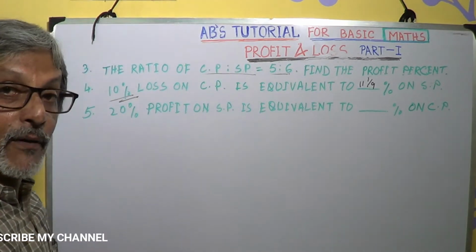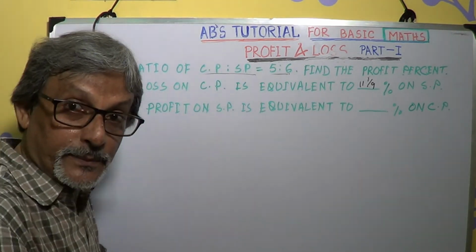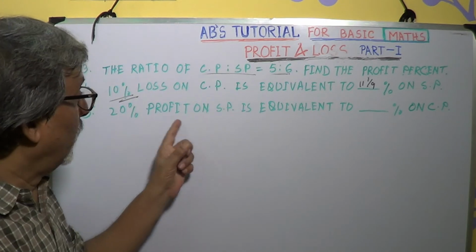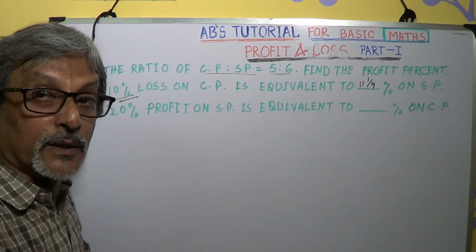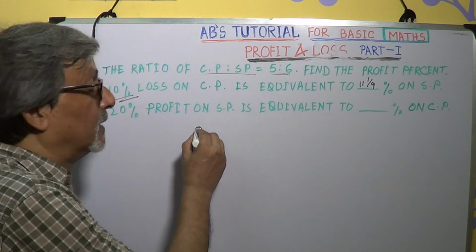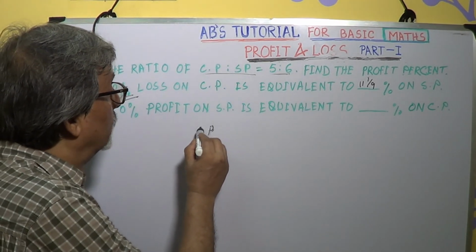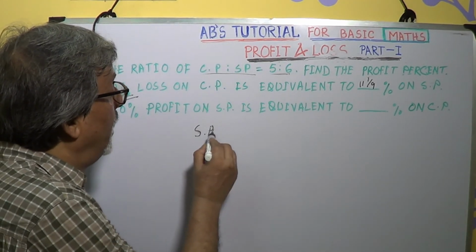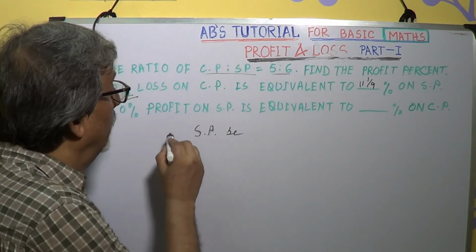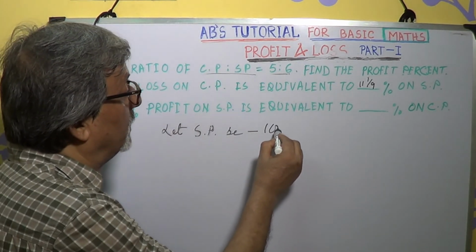Let us start number 5, and here it is said that 20% profit on SP. This means if SP is 100, let me write it because this is a new pattern, so I am writing it. Let SP be rupees 100.